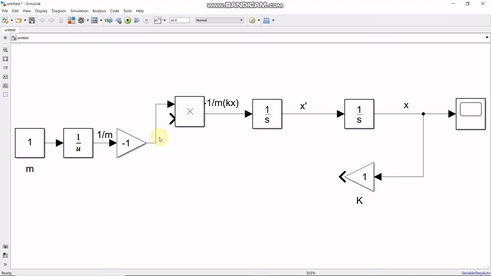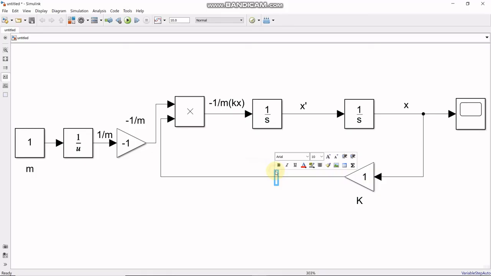So on this signal line I will have minus 1. This signal line I have minus 1 over m here, and my k value, that will be my k multiplied by x will be on this signal line.